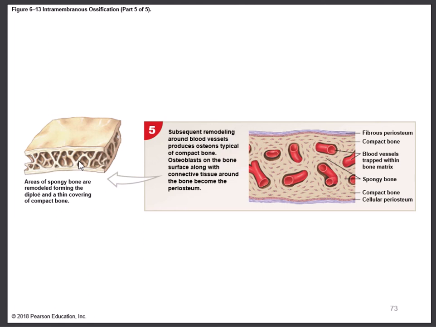Again, all these little struts of bone are called the trabeculae, and the spaces here is where the bone marrow goes. And again, we recalled from a previous lesson, we called the spongy bone the diploe. So that's the intramembranous ossification. Again, think of the flat bones, skull bones, the mandible. They're going to form in this method.